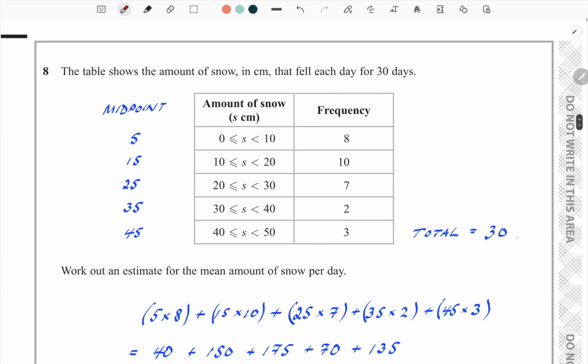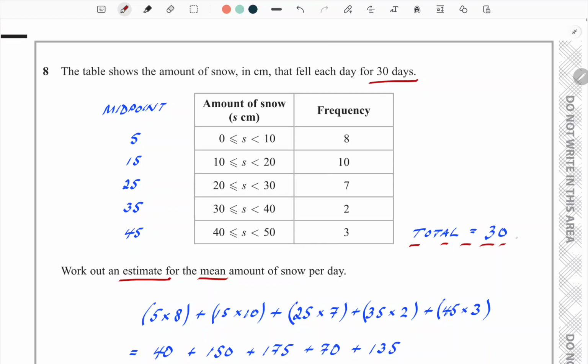Number 8. The table shows the amount of snow that fell each day, in centimeters of course, for 30 days, all right? And double checking, adding up those numbers, it is 30. Now, they want us to work out an estimate for the mean amount of snow per day, okay?